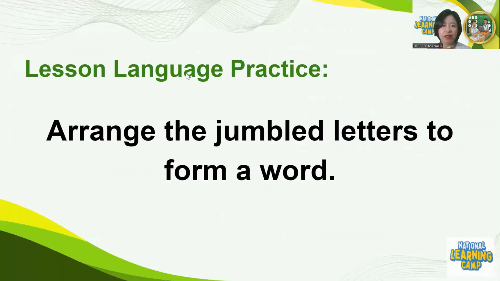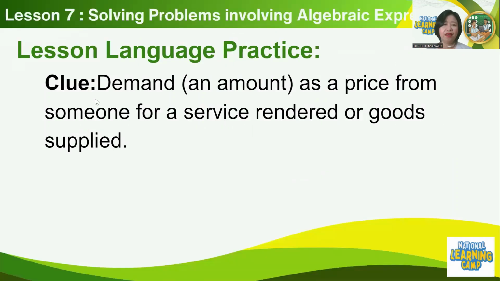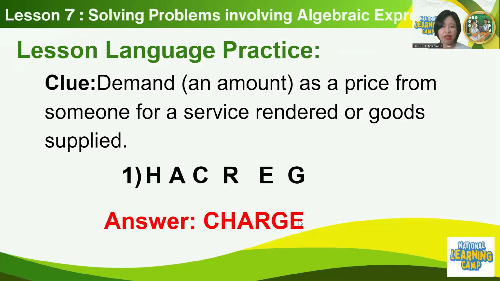Now, let's proceed to the lesson language practice. Arrange the jumbled letters to form a word. You can pause the video to answer each item. Clue: demand an amount as a price from someone for a service rendered or goods supplied. Answer is charge.